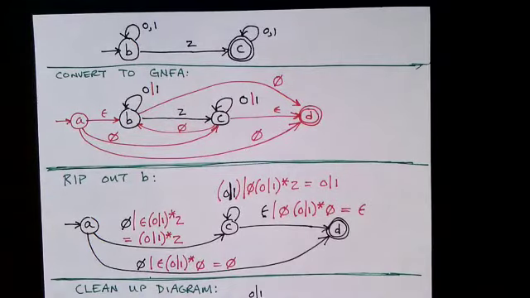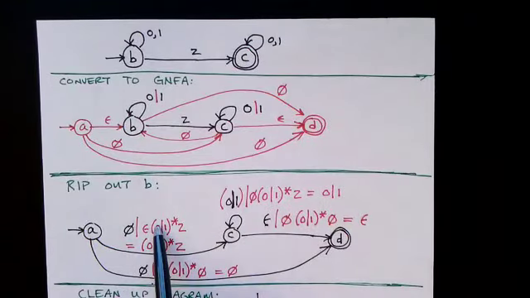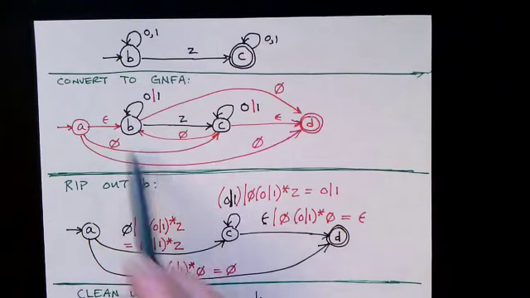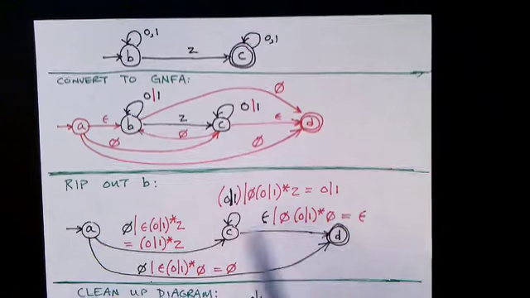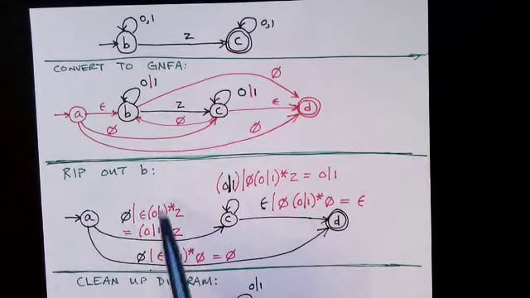I've removed B and the edges that connect to B, leaving all the remaining edges, and each one of those has been modified. So let's go through each one of those.